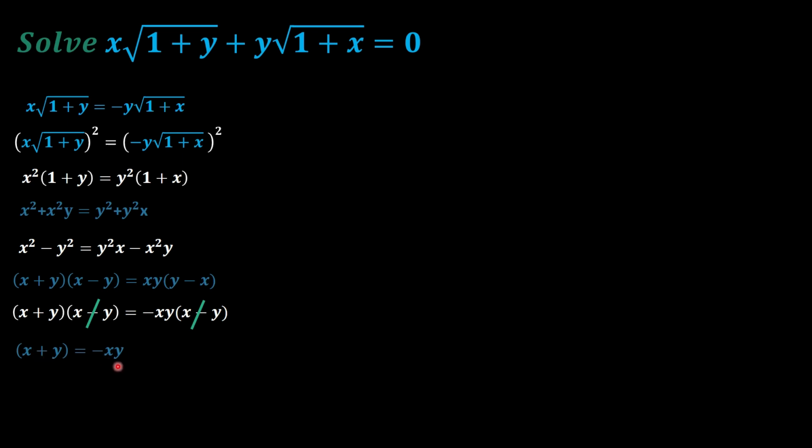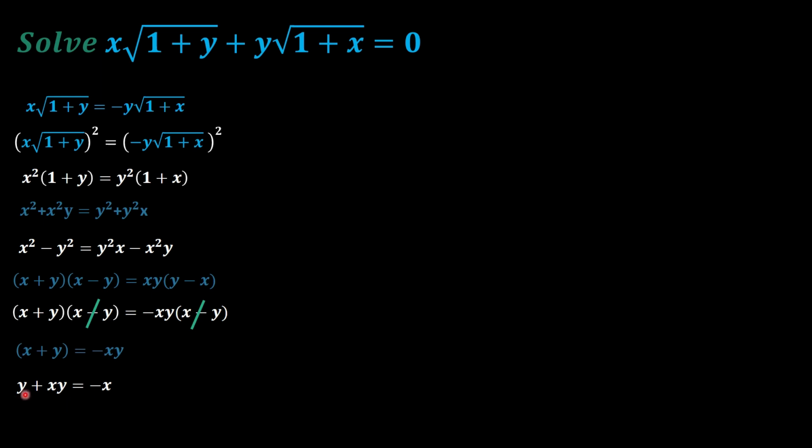Now in order to get explicit form, we will move this xy to the other side of the equation. This xy is in negative form, so it will convert to plus xy on the other side. And this x will go to the other side and convert into minus x.